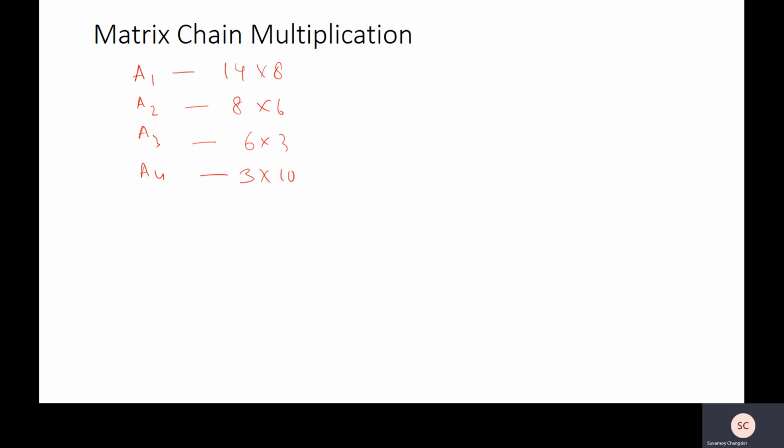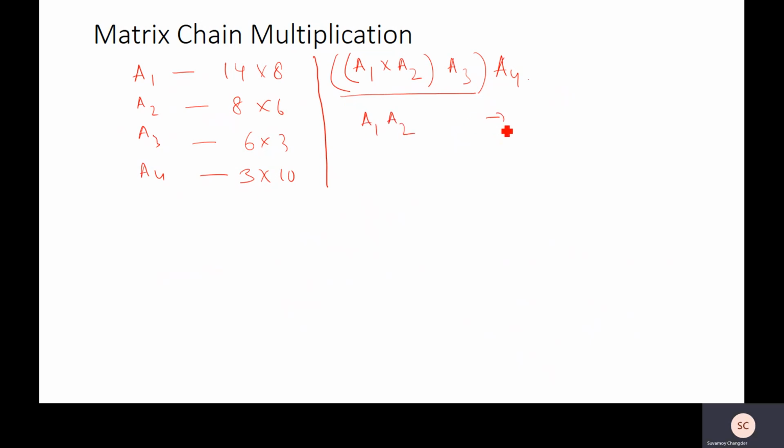So as per our algorithm that we have followed, A1 will be multiplied with A2, then it will be multiplied with A3, then it will be multiplied with A4. Now let us check that only for 3, if we consider A1, A2 and A3, later I will count A4 also. So first we will multiply A1 and A2.